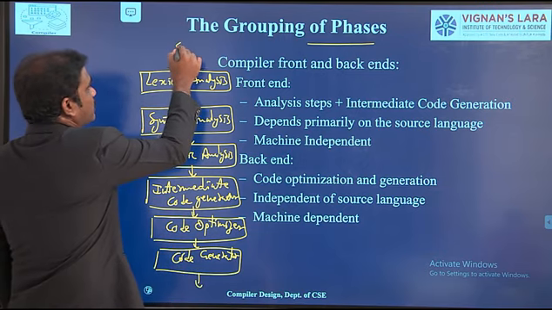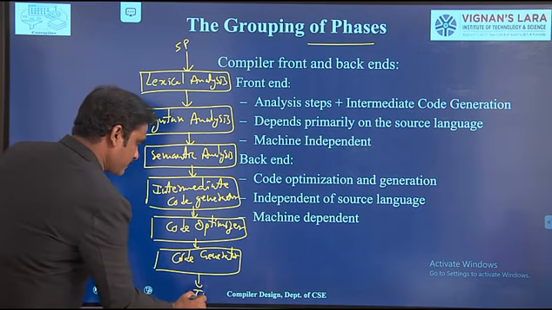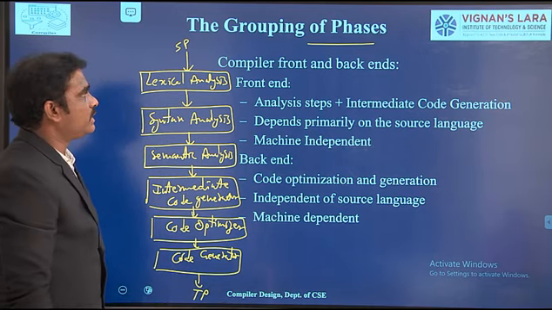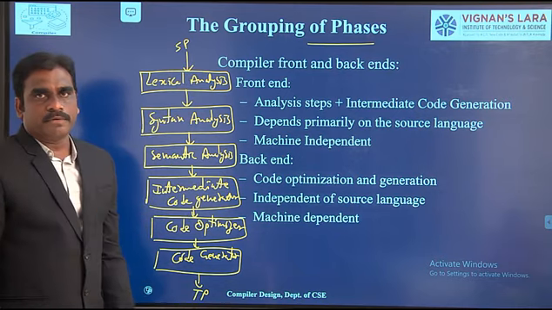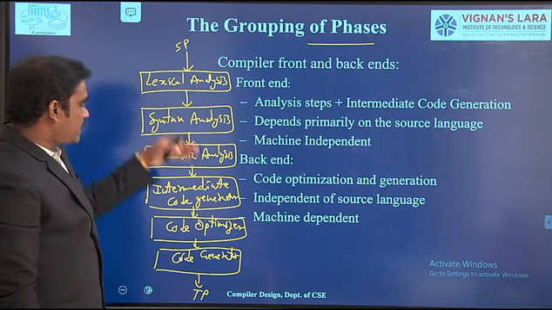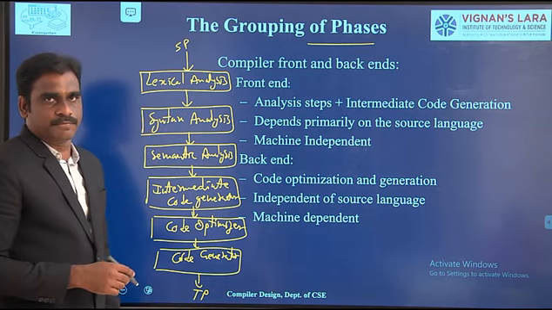So this is the source program, and this is the target program. So here this topic is grouping of pages. We have 6 pages. Now grouping means we have to combine more than 1 page.